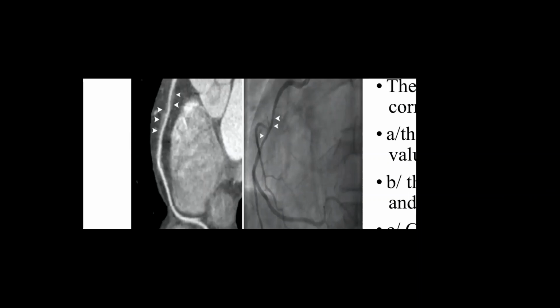The invasive angio can miss the wall, so there may be atheroma and the angio is reported as perfectly normal. But if cardiac CT reports the angio is perfectly normal, it's perfectly normal, because it has inspected the wall and the lumen and nothing is there. So that's a great degree of accuracy.